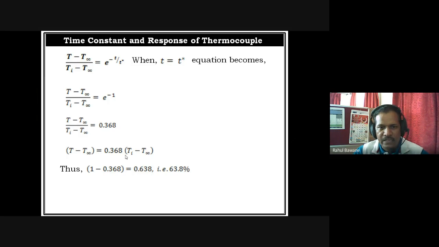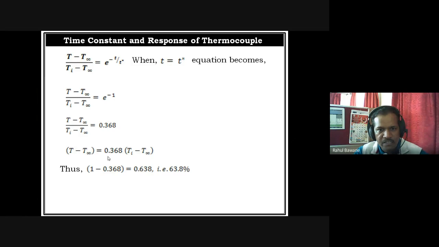So at the beginning, when time has not started, there is a temperature difference of Ti minus T infinity. When the probe is inserted, Ti starts changing and acquiring the temperature of the fluid. But still, it has not completely, 100%, acquired the surrounding temperature.